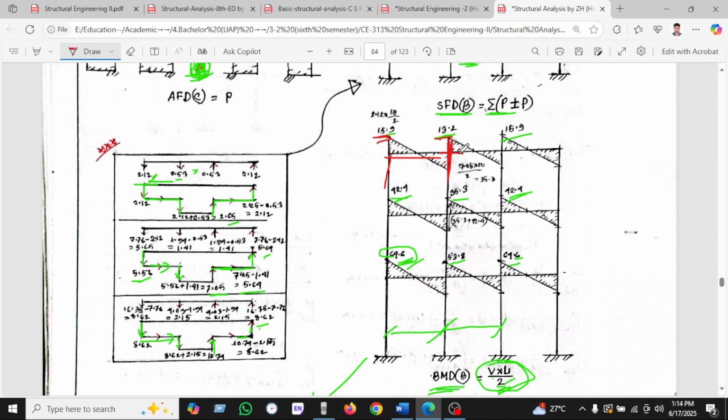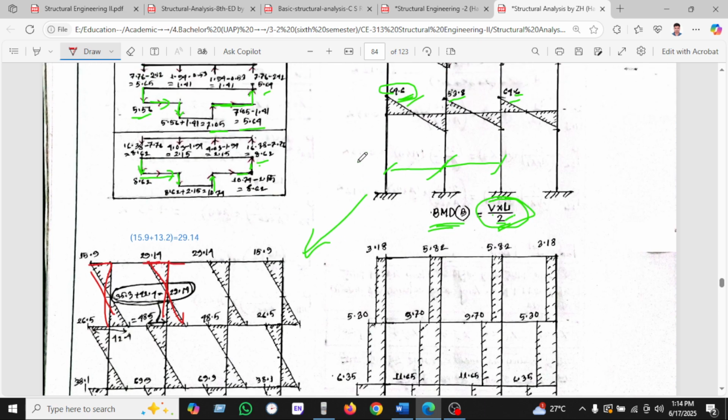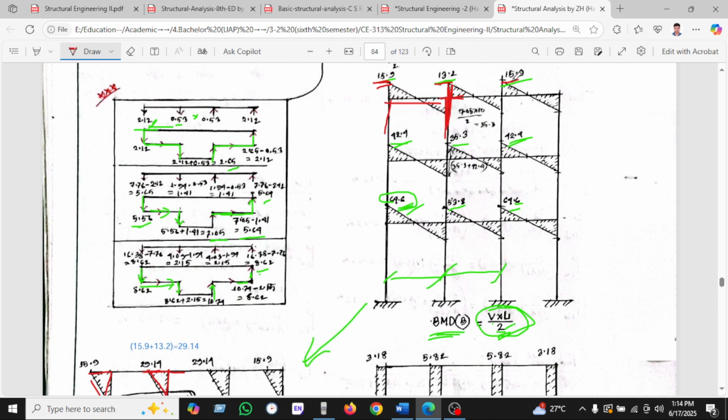So this is the load that will be carried in this column. So we have 15.9 plus 13.2, which is 29.4. This 29.4 is taken by this column. In the same way, this is the 15.9 and this is the 13.2.